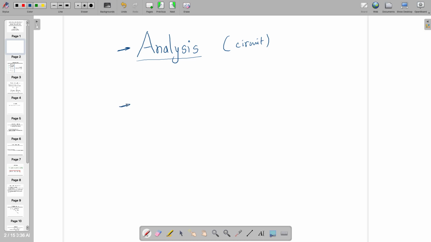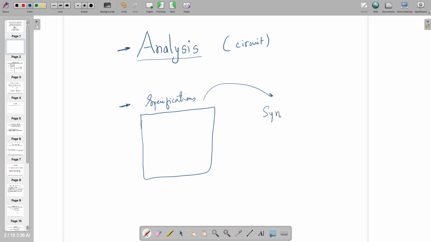But if somebody has told you that I want to design a circuit which will have the following specifications, because this is the real thing, where somebody has told you the specification, then from the specification maybe you will do some analysis, but through that you will derive the circuit. This is called synthesis.